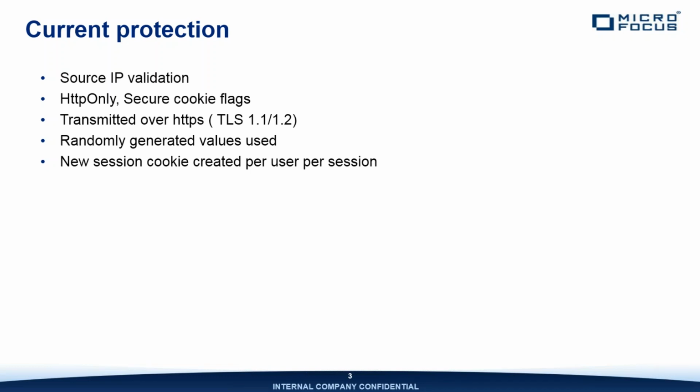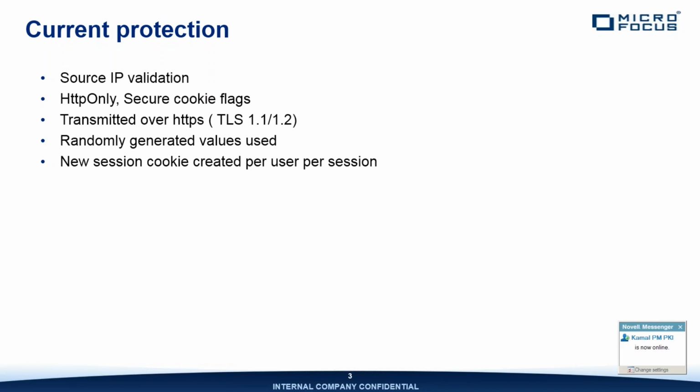Also, to prevent the cookie from getting hijacked, one can set the HttpOnly and Secure flags. And for somebody taking over the network, it's transmitted over HTTPS. One could configure TLS 1.1 and 1.2 and very strong ciphers to prevent somebody from reading it over the network.